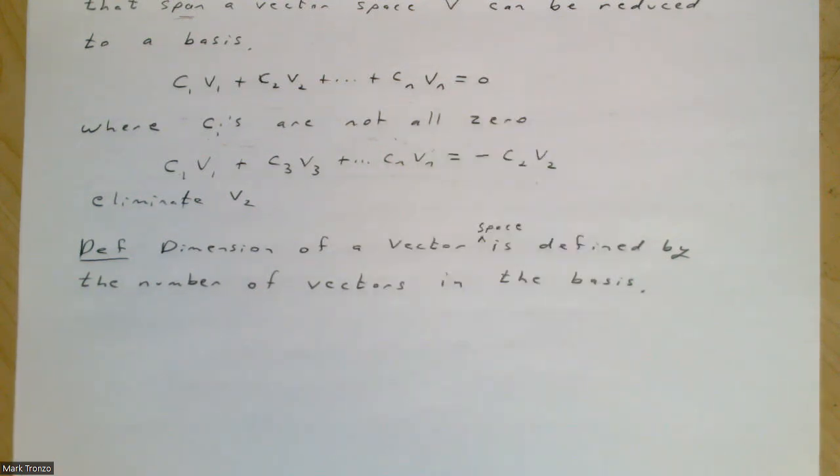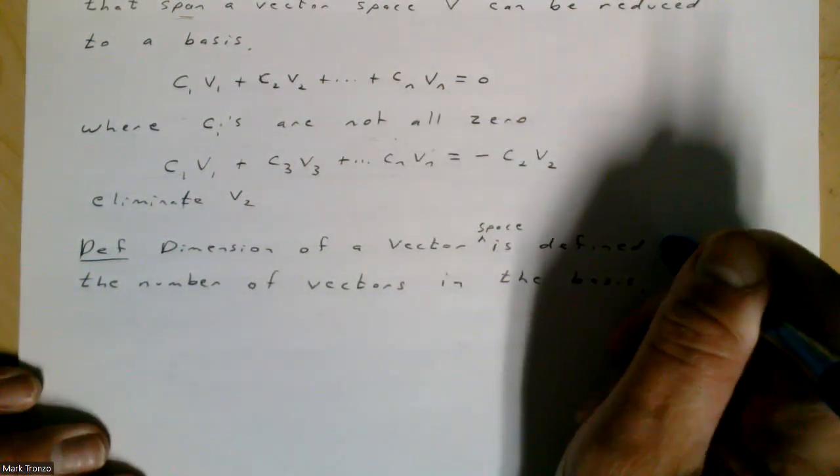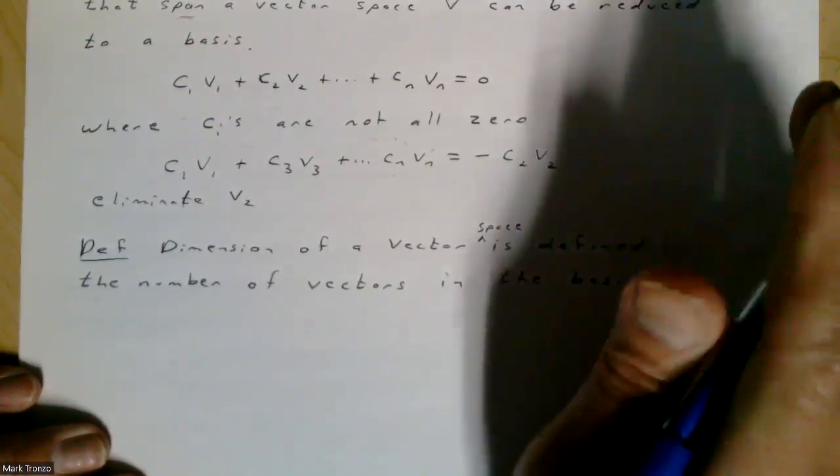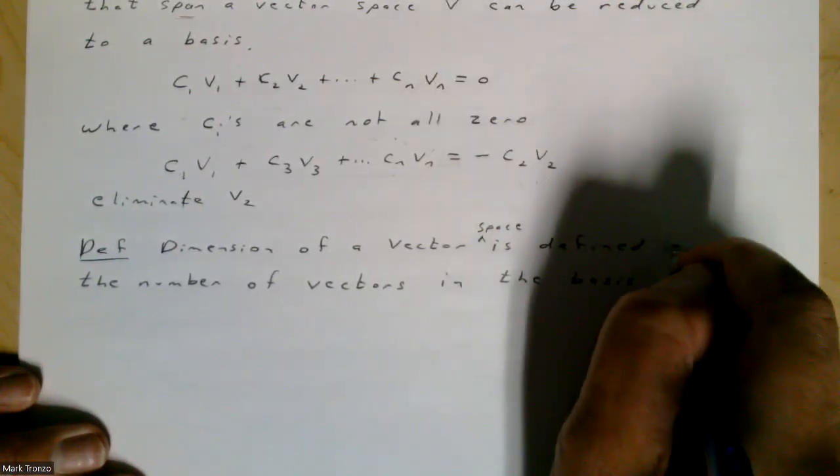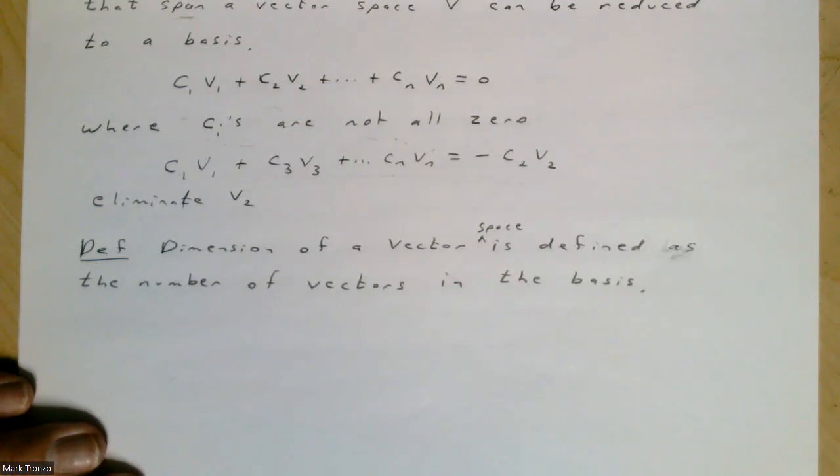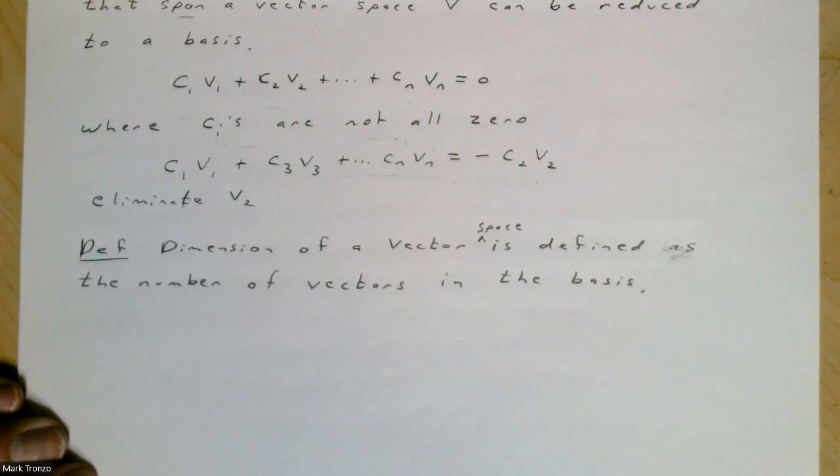The dimension of a vector space is defined as the number of vectors in the basis. So if your basis has 5 vectors, then your dimension is 5.